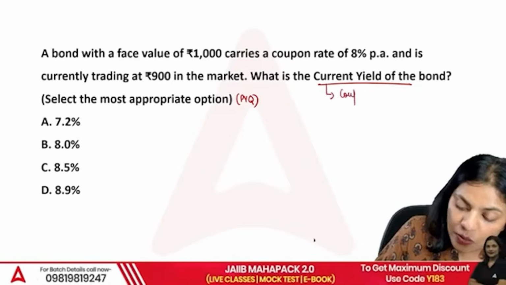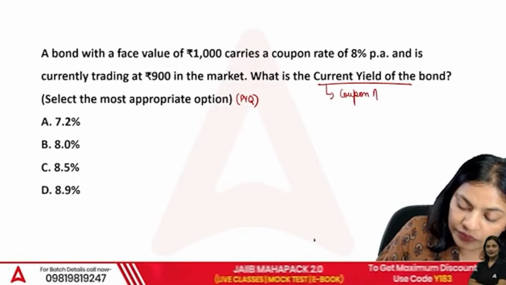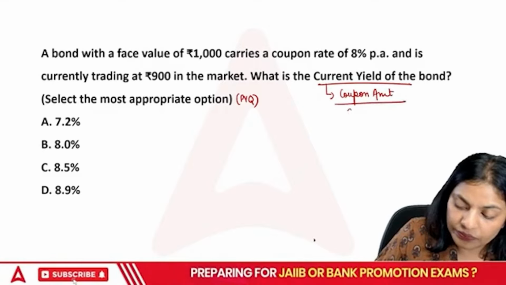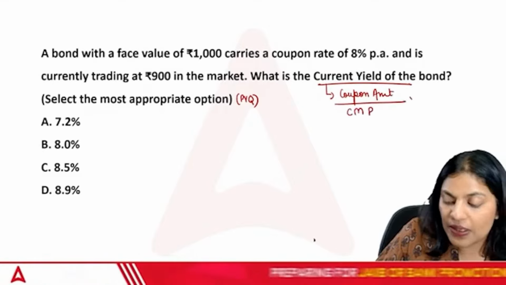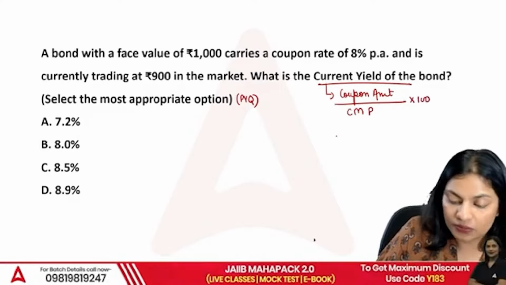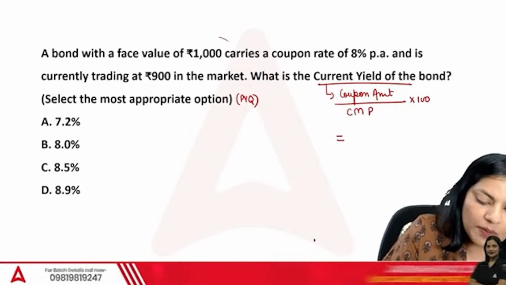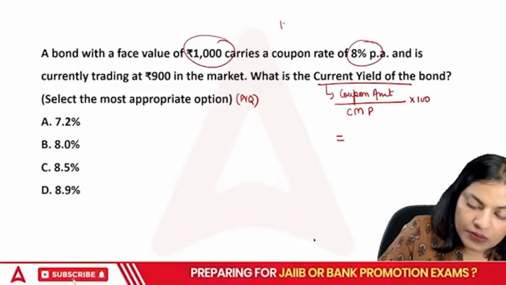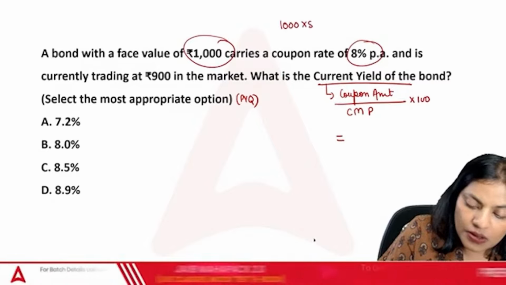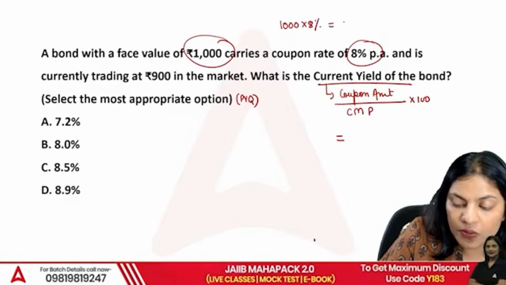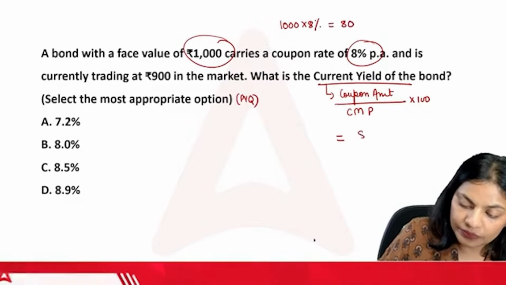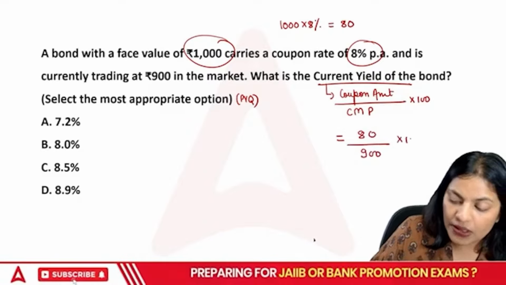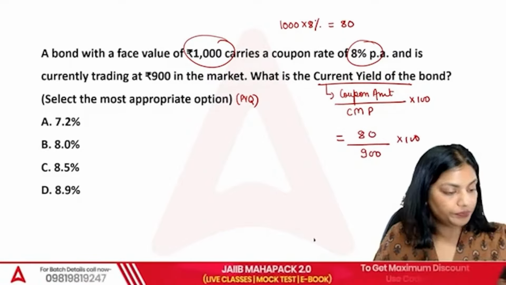It is coupon amount divided by current market price into 100. So coupon amount will be 1,000 into 8%, which will give you 80. The current market price of your bond is 900, into 100.